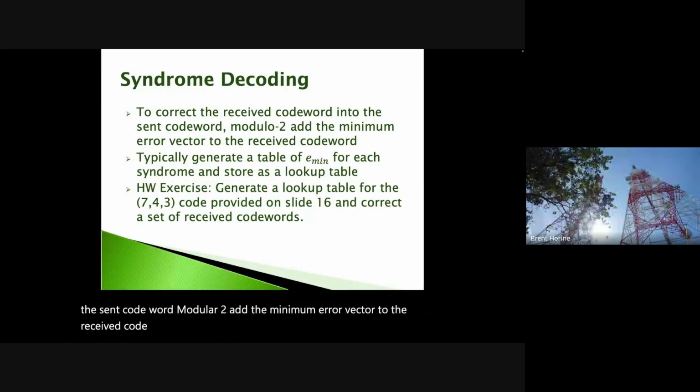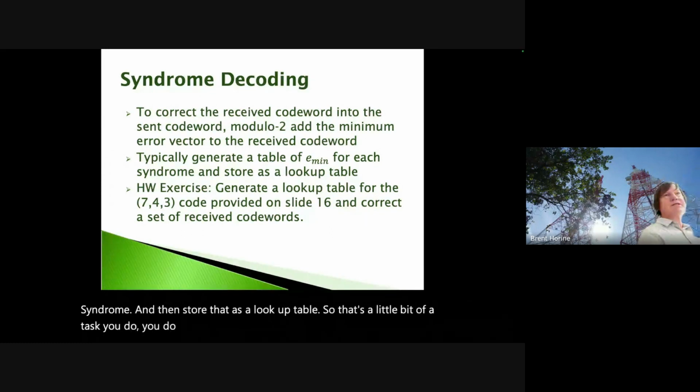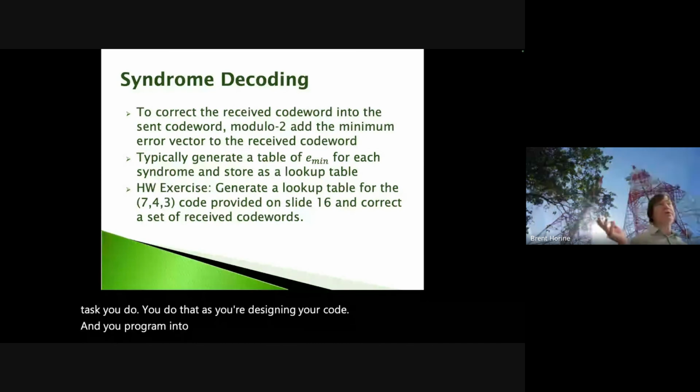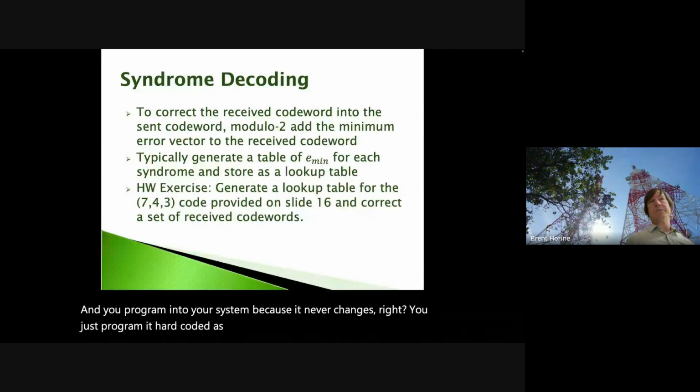We typically generate a table of E min for each syndrome and store that as a lookup table. You do that as you're designing your code and program it into your system, hard-coded, because it never changes.